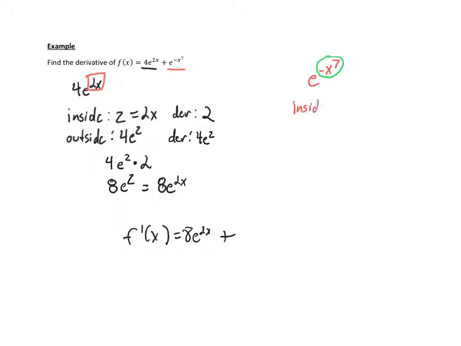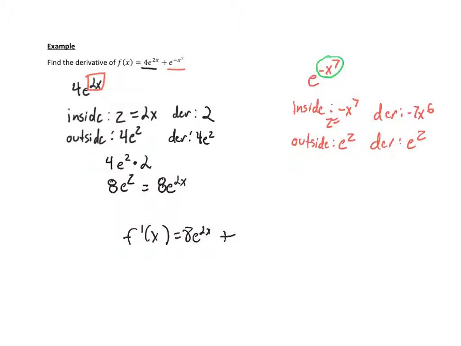Really, I should say z equals negative x to the 7th. Its derivative would be negative 7x to the 6th. The outside function would be e to the z if I made negative x to the 7th z. Its derivative would be e to the z.